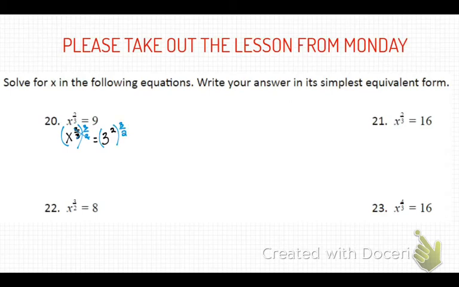Okay. So I get x equals 3 to the 6 over 2 power, which is x to the what power? 3 to the 3rd power, which is 27.